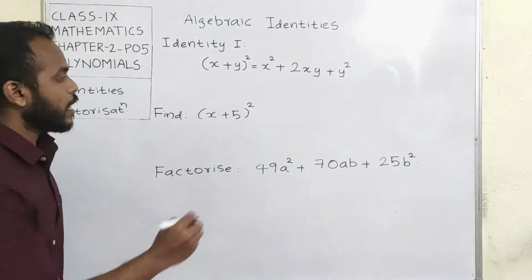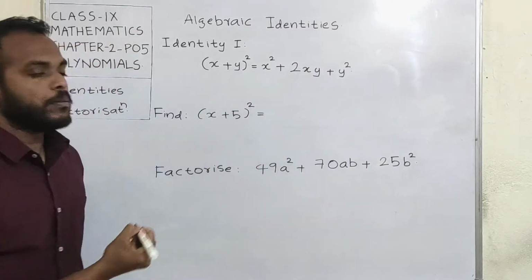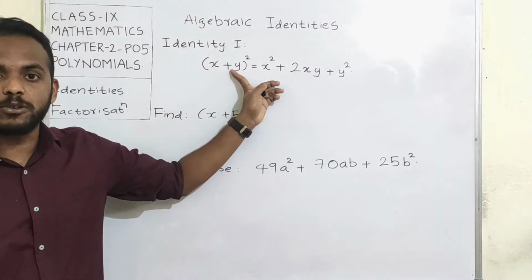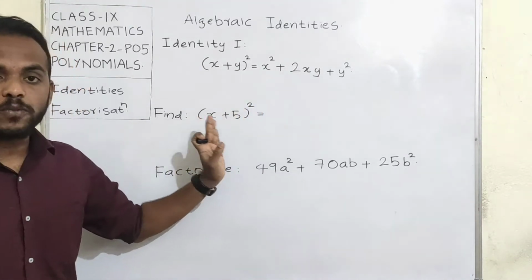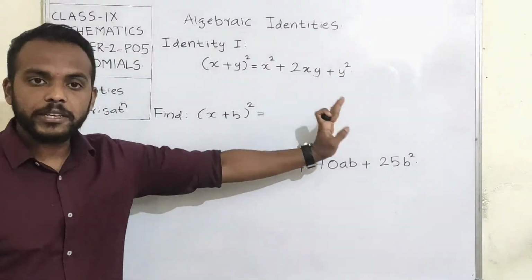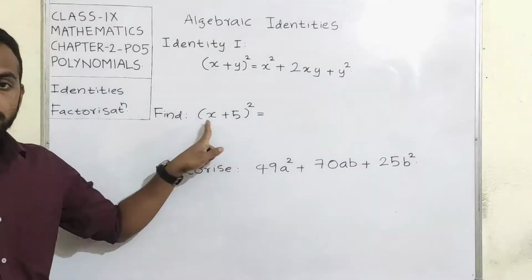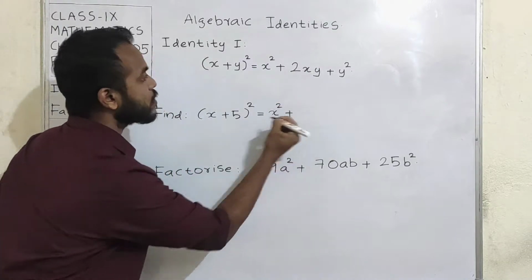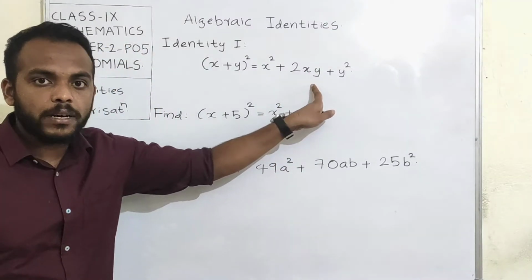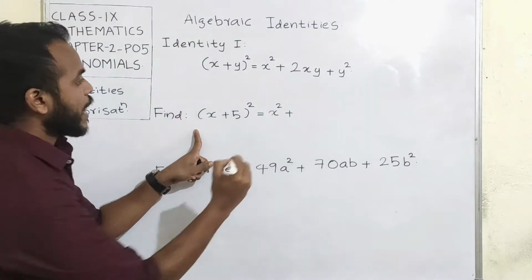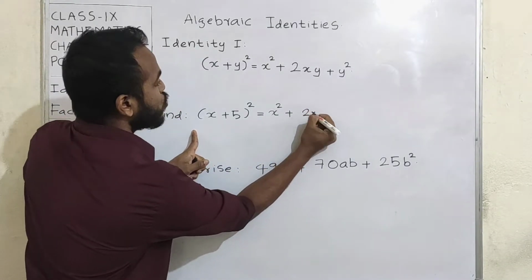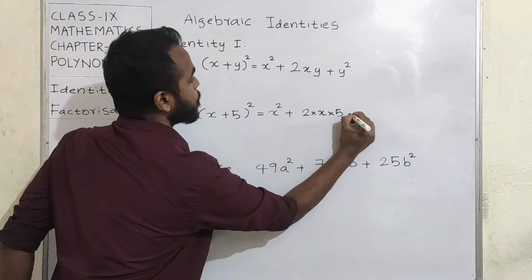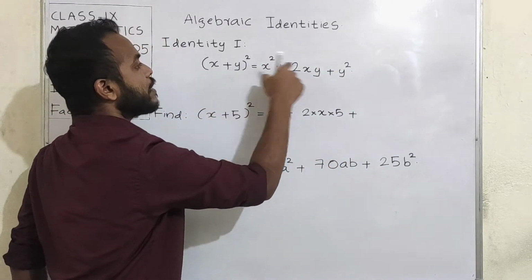Let's see how this helps us in solving problems directly. If we have an idea of what x plus y whole square is, rather than finding x plus y into x plus y, we can simply write it as first number square. Who is the first number here? It is x, so it's x square, plus 2 times the first number into the second number, that is 2 times x into the second number, plus the square of the second number.